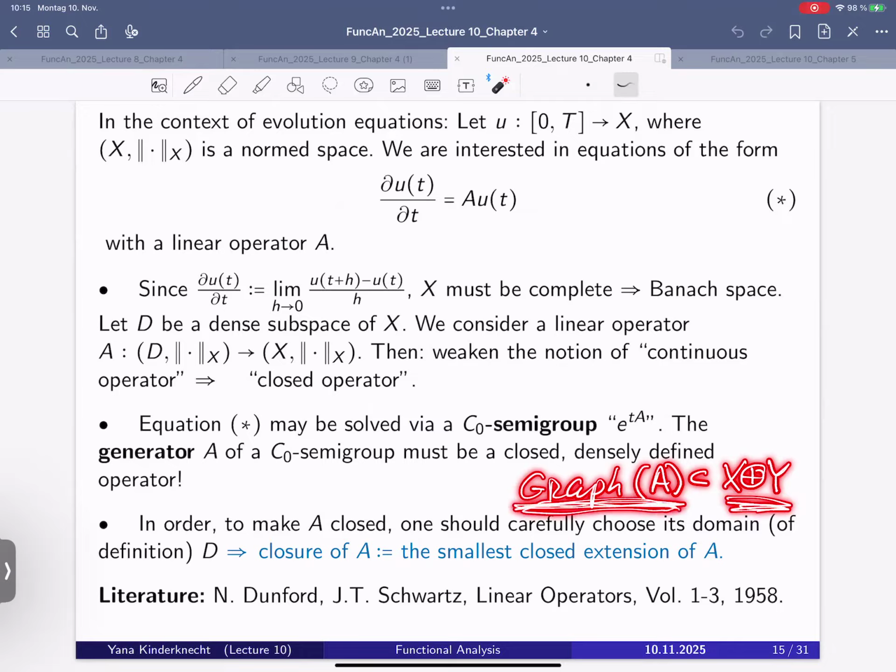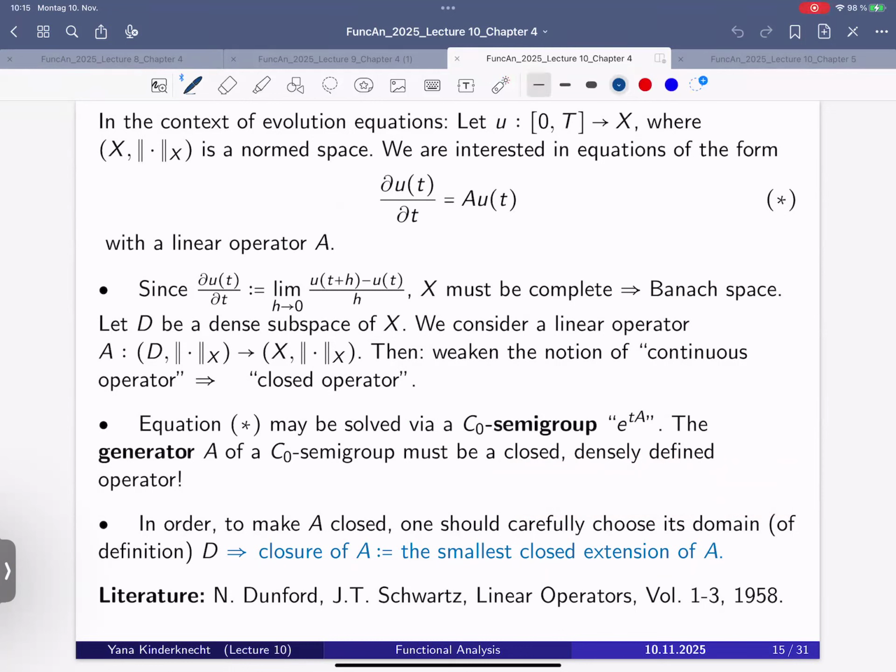If what we obtain after the closure is again a graph of some linear operator, then this linear operator is the smallest closed extension of A. But it may happen that the closure of the graph of A leads to a closed set which is not a graph of any linear operator. So not all operators are closable. And we should be careful again with the domain.